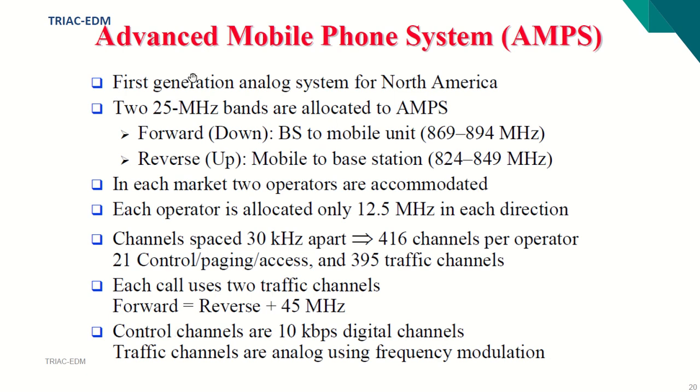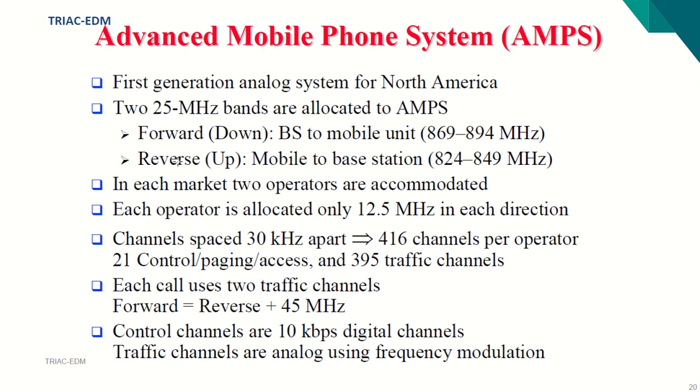Okay, so the AMPS, Advanced Mobile Phone System, that's a first generation analog system for North America. We have two 25 megahertz bands allocated to AMPS. The forward direction is base station to mobile unit, which is 869 to 894 megahertz.